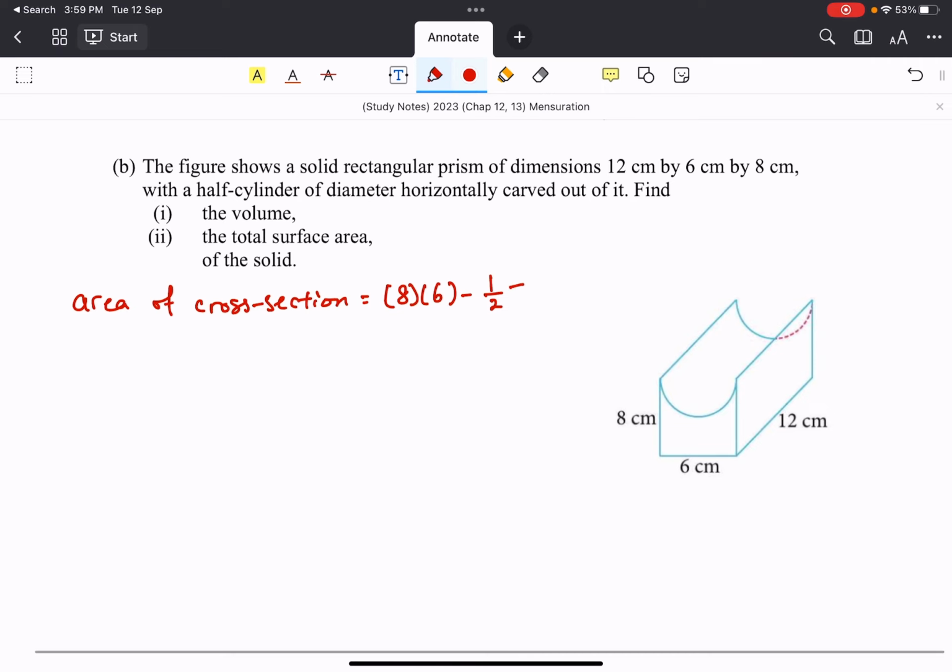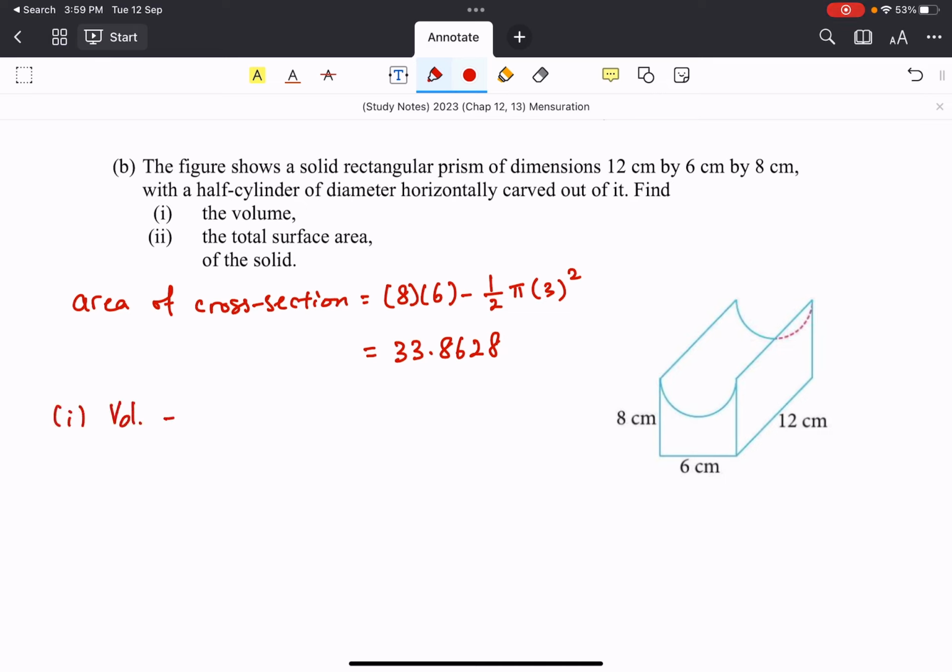So half pi, and the radius is 3, half of 6, square, minus half pi r square. So this is our area of cross section. It works out to be about 33.8628. From here we can find the volume. Volume is equal to the cross section multiplied with the length, which is 12, and that will give us 406 cubic centimeter corrected to 3 significant figures.